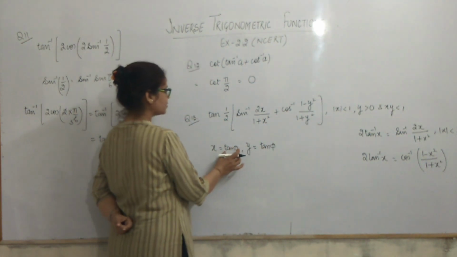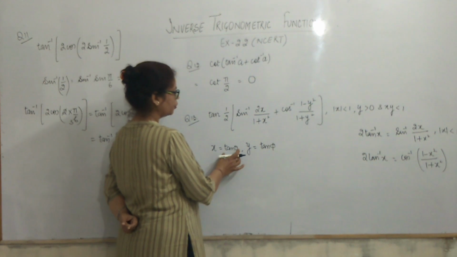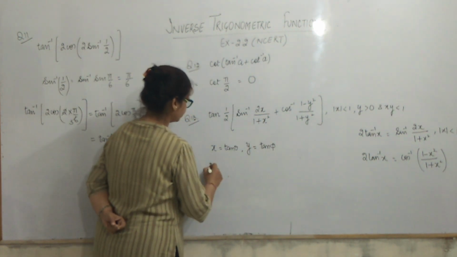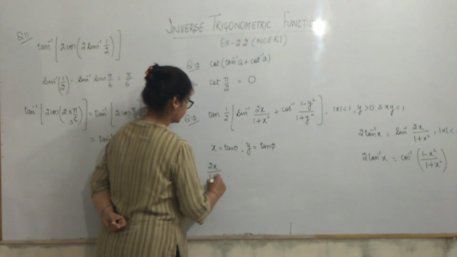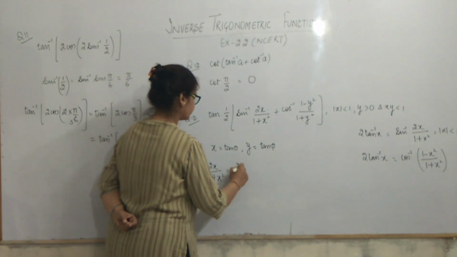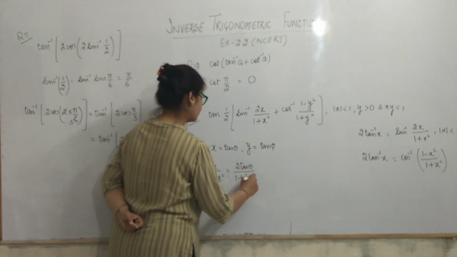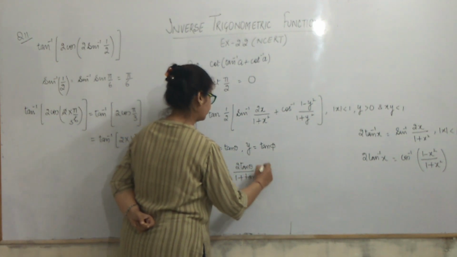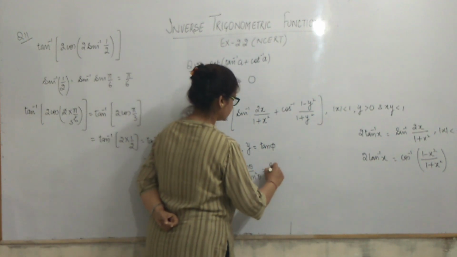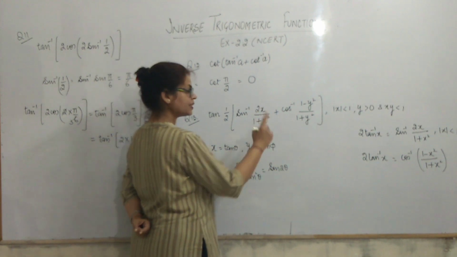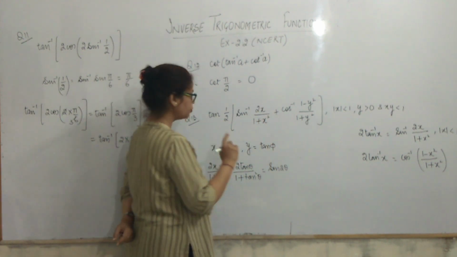When you put x is equal to tan theta, you can write it as 2 tan theta upon 1 plus tan square theta, which is equal to sin 2 theta. So sin inverse sin 2 theta will give you only 2 theta.